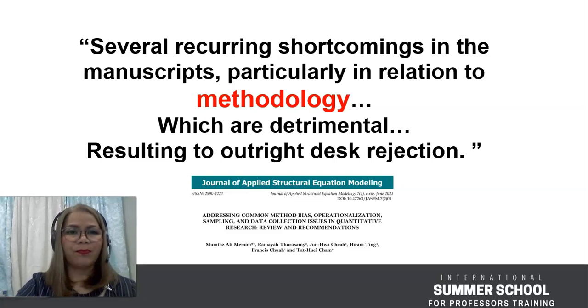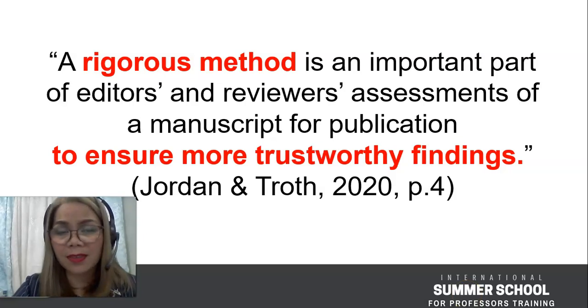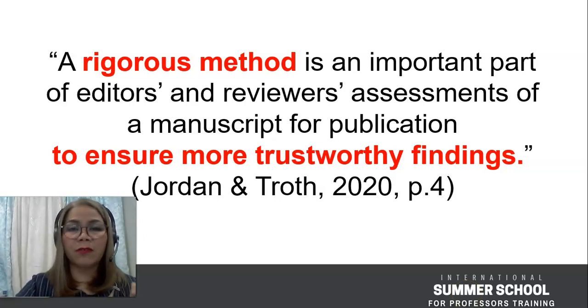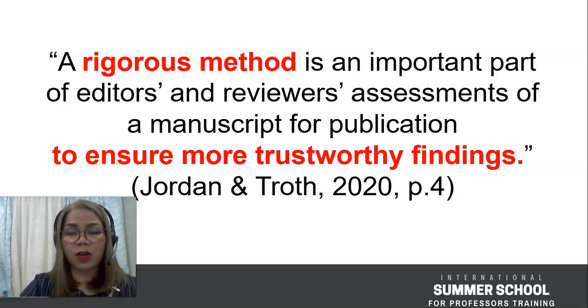In addition, Jordan and Troth in 2020 mentioned that a rigorous method is an important part of editors' and reviewers' assessments of a manuscript for publication. This is to ensure more trustworthy findings of our studies.